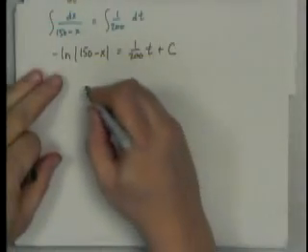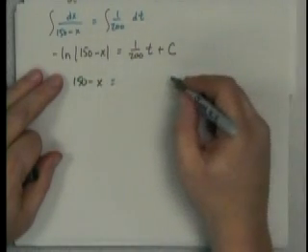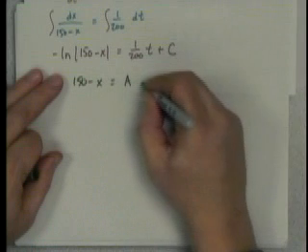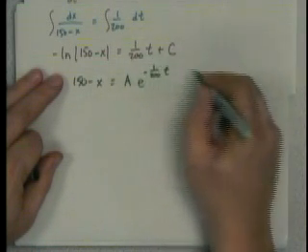So this becomes 150 minus x equals a e to the minus 1/200 t.